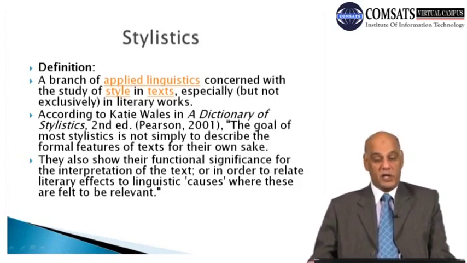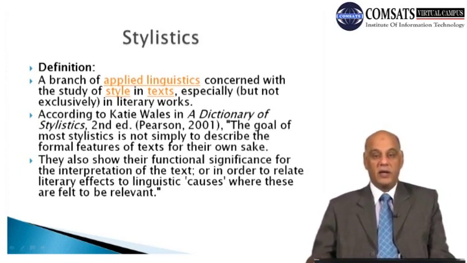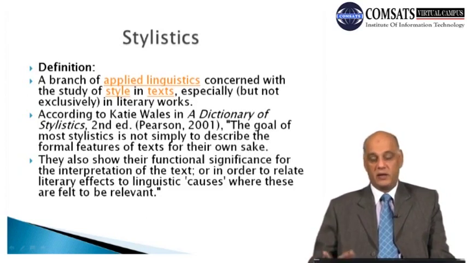So it is especially but not exclusively for literary works. This branch especially deals with literary works, but not exclusively. You can use the technique of analyzing using stylistic techniques for other texts as well.